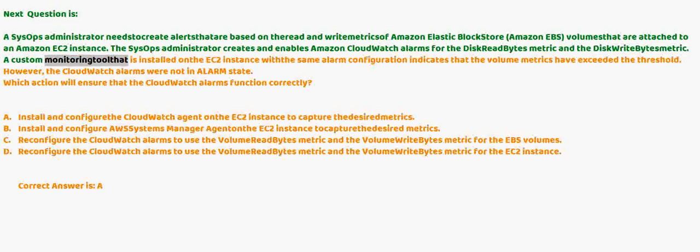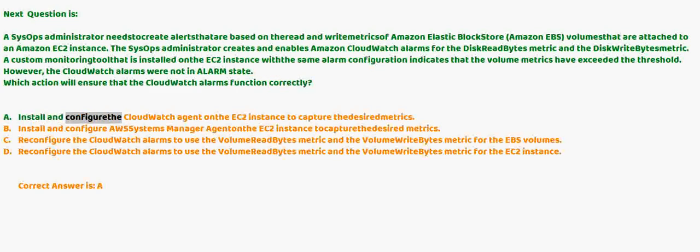A custom monitoring tool that is installed on the EC2 instance with the same alarm configuration indicates that the volume metrics have exceeded the threshold. However, the CloudWatch alarms were not in alarm state. Which action will ensure that the CloudWatch alarms function correctly?